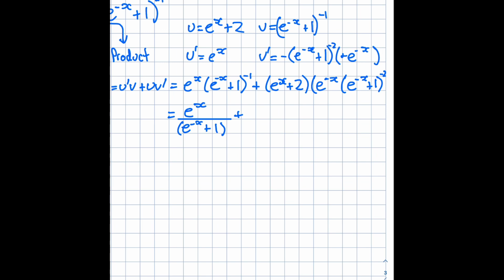So on the top here, we're just going to have this term. This is the only thing without a negative power. So we're going to have e to the x plus 2. And then on the bottom here, we've got e to the x bracket e to the negative x plus 1 squared.